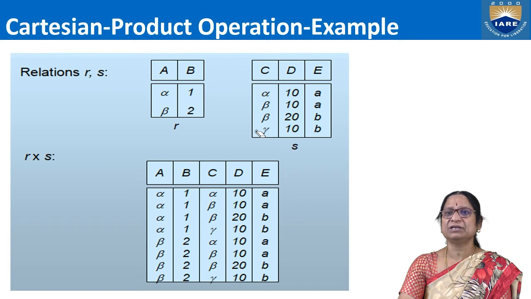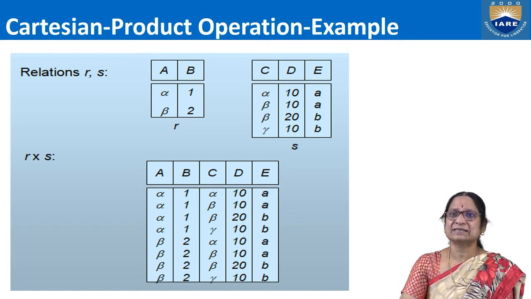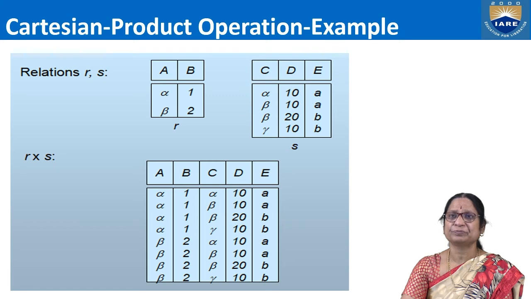So the display of the Cartesian product is as shown below. R cross S consists of all attributes of the first relation followed by all attributes of the second relation, A, B, C, D, E, and mapping of each tuple with each tuple of the other relation.